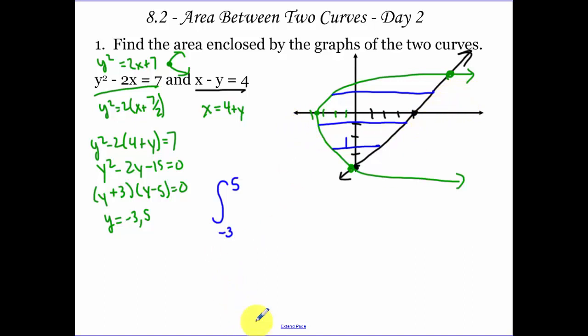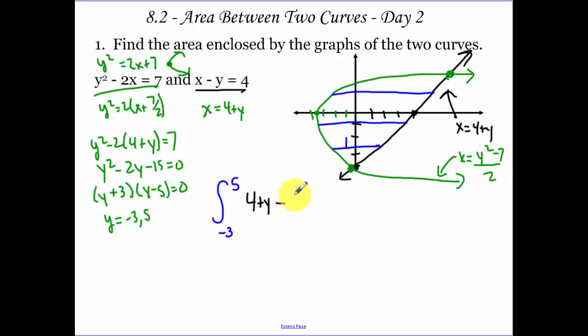That function to the right, all in terms of y, meaning x equals, is x equals 4 plus y. So I take the function that's to the right, 4 plus y, minus the function that's to the left. I need to get that all in terms of y, which means x equals y squared minus 7 over 2.